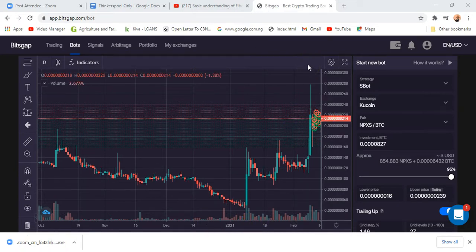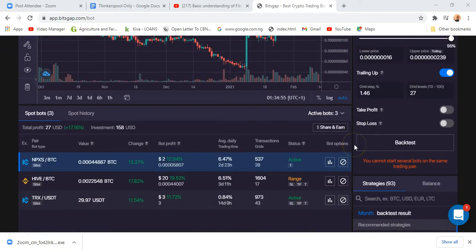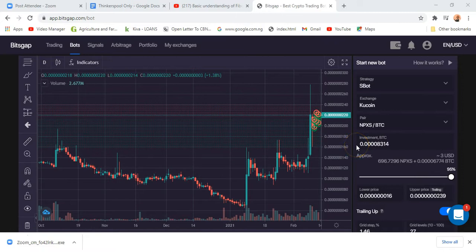Aside from that, I'm going to give you a quick tip on how to spot a trading pair that will be most suitable for your bot.